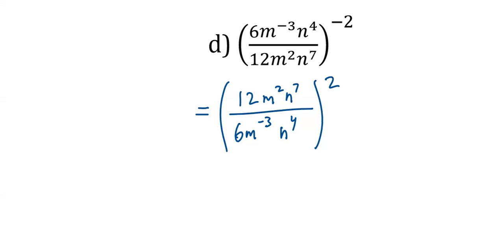Now you can either do the division, then multiply by 2, or manage the exponent on the outside, this big 2, or you could do the 2 to everything inside. Let's do the inside first. 12 divided by 6 is 2. m squared minus negative 3 is plus 3, so that's m to the 5. n to the 7 divided by n to the 4, 7 minus 4 is 3.